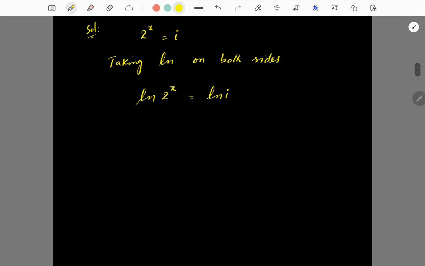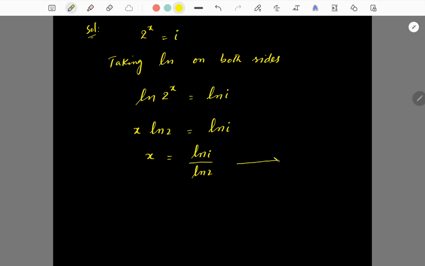So by the rule of the log, this x will come here and we will get x natural log 2 is equal to natural log iota, and we can find from here that x is equal to natural log of iota over natural log of 2.